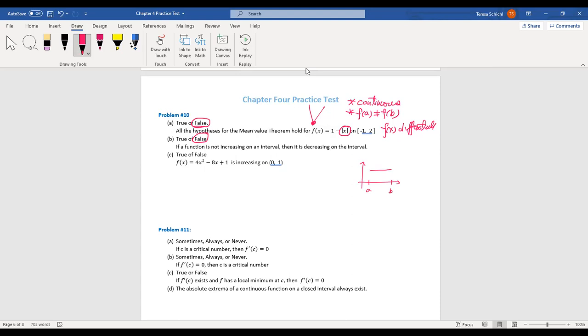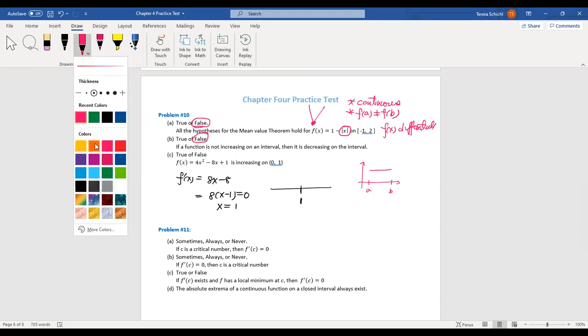Okay. So then let's take a look at the last one. See here, they said f of x is increasing in (0, 1). Let's see here. So what is my f prime of x? My f prime of x is ax minus a. So let's set it equal to 0, x equal to 1. That means I have here, right? So for all the numbers smaller than 1, let's see what happens.